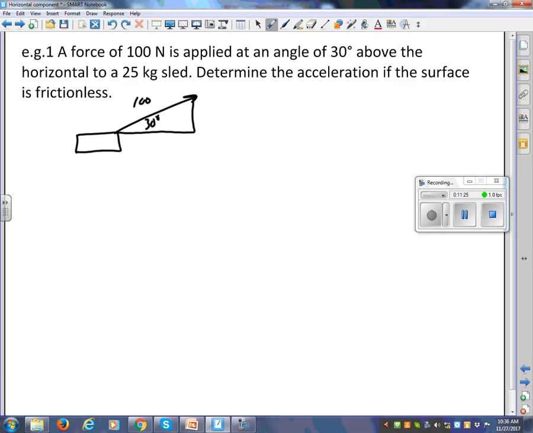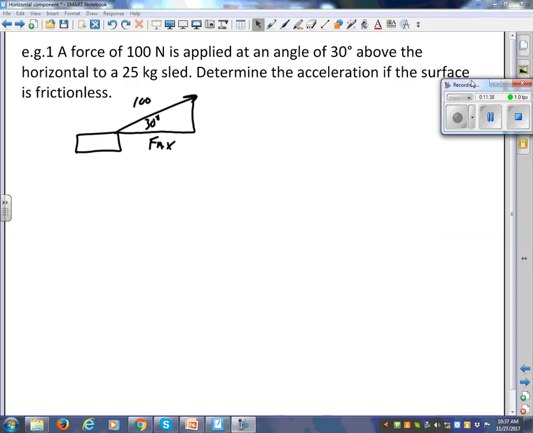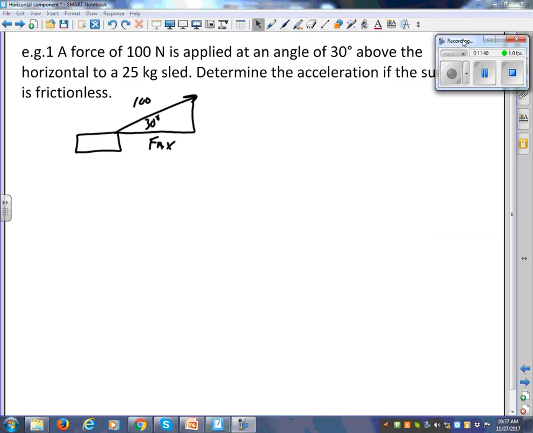So this is my FAX, and there is no friction. When we do the acceleration, in the second step, your first step is to find FAX. Now, can I just do this?